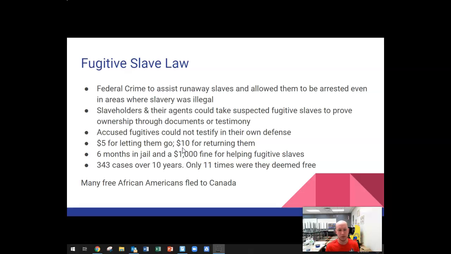Now, if you were caught helping fugitive slaves escape, it was 6 months in jail and a $1,000 fine. And in the 10 years that the Fugitive Slave Law was in effect, there were 343 cases that were heard, and only 11 times were they deemed free. Think about that. 11 out of 343. That's just a crazy, crazy number.